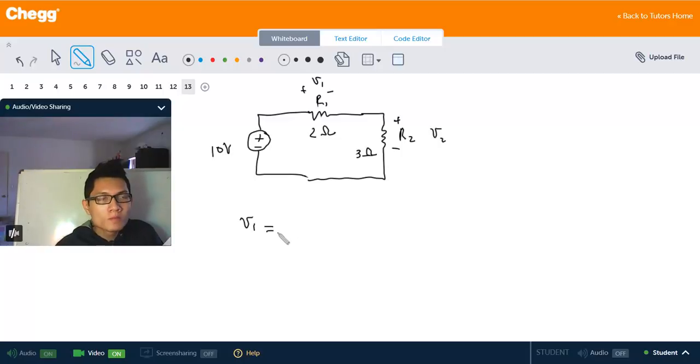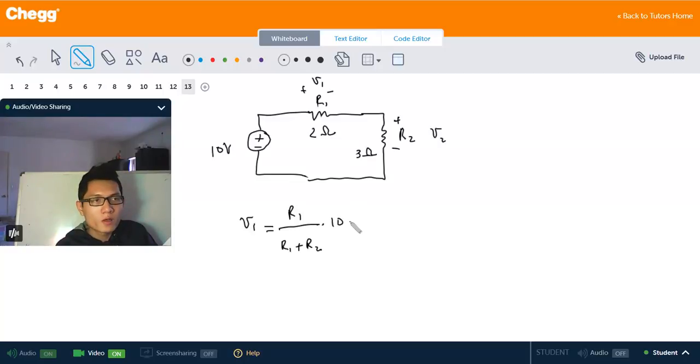V1 now equals the resistance at V1, which is R1, divided by the total resistance R1 plus R2, multiplied with the source voltage, which is 10 volts.